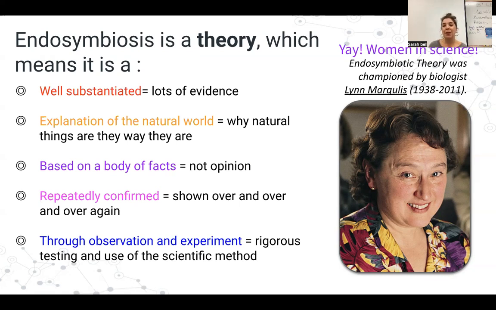So if I say endosymbiosis theory in science, I mean this is a well-substantiated, AKA lots of evidence, explanation of the natural world based on a body of facts, not opinion-based, repeatedly confirmed, and then we can see it or prove it through observation, modeling, experimentation, etc. In fact, a pretty famous woman in cell world came up with the endosymbiotic theory, or was a big part of it, Lynn Margulis, and she died in 2011. But yay for women in science. We love it.